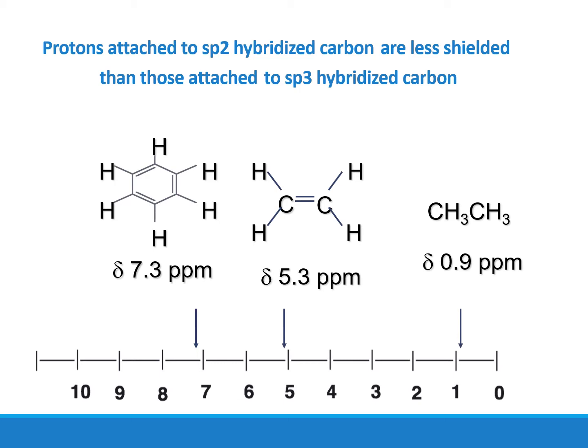So you can see that ethane, with only sigma bonds, has no electron density that affects the electronic and magnetic properties of the hydrogens, and it will be very shielded, whereas the allyl hydrogens will encounter electronic and magnetic pressure from the delocalized electrons in the double bond, and they will be deshielded and will have a higher chemical shift.